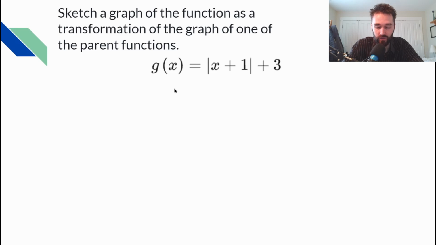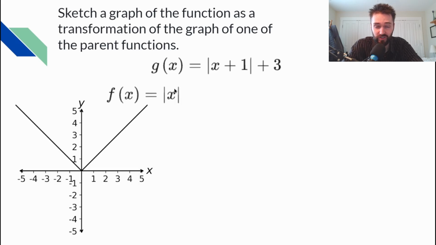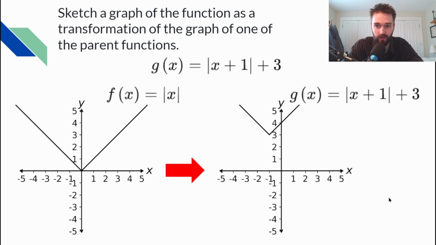So it looks like we need to hone in on the parent function f of x equals the absolute value of x. When we plug an x minus 1 into that function, that's a shift 1 unit to the left. And then when we add 3 to the whole thing, that is a vertical shift up 3 units.